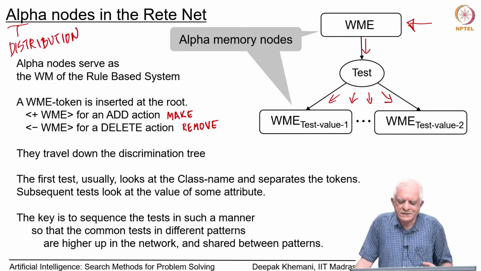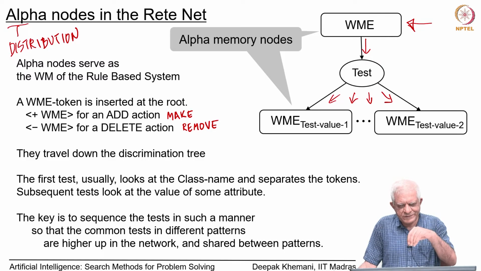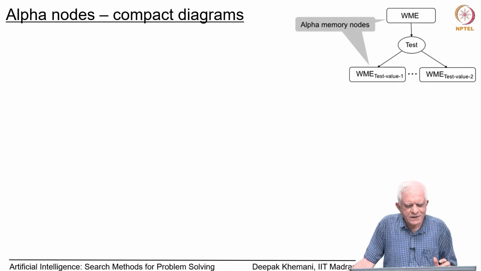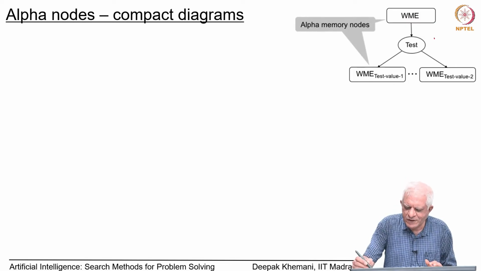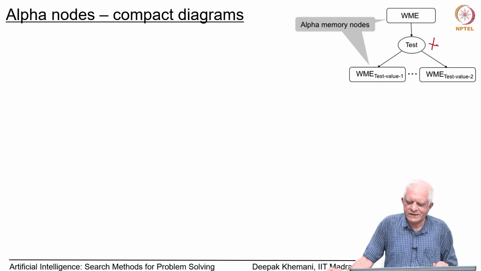Okay. So, as I was saying, this is what you would do if you were implementing the system. You would take a working memory element, feed it to a test, and the test would direct it into different directions based on where it is going. But for purposes of illustration, we often use more compact diagrams, and we eliminate drawing the test node as a separate node, and we just work with the alpha nodes that are there.